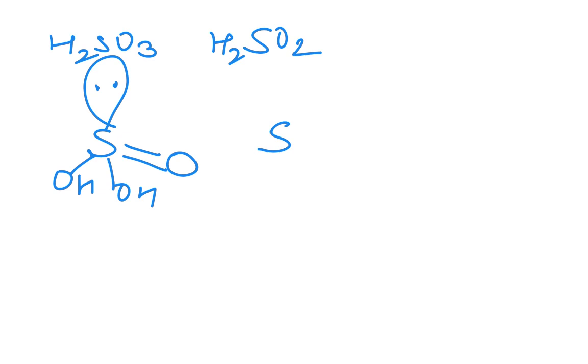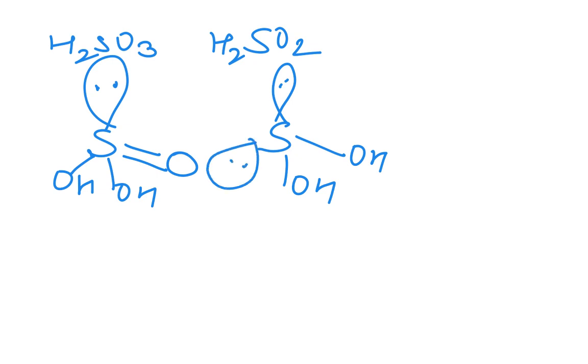So sulfur is attached to OH and OH only. So 2 oxygen and 2 hydrogen is finished. Now it has 2 lone pairs of electrons like this. Okay, and here also it is having sp3 hybridization. Next comes H2SO5, Caro's acid.